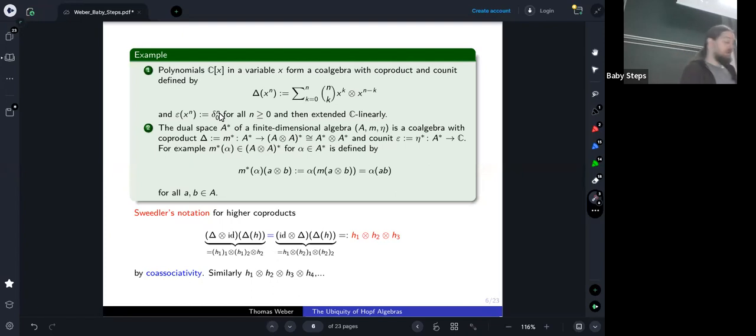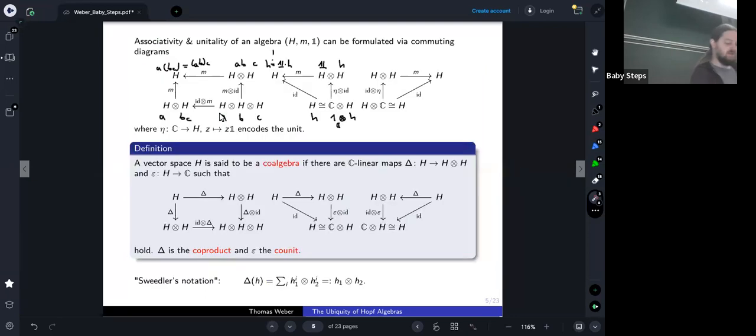Okay, so maybe the next complication in Sweedler's notation is written here. It looks a little bit scary, but actually is not. This first equation is just the diagram that is here. Just have a quick look at this.